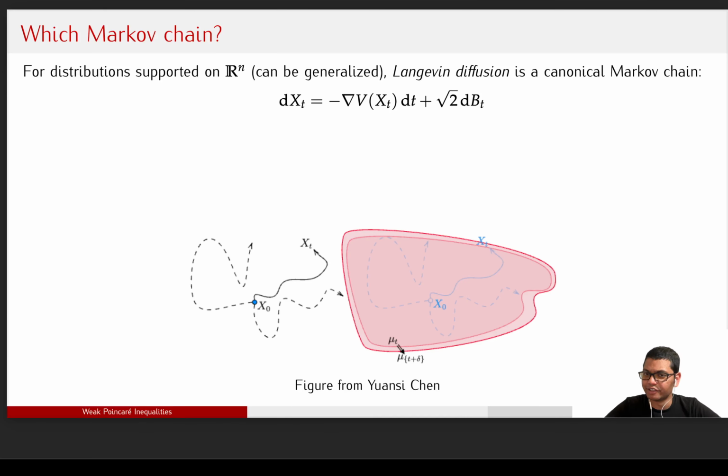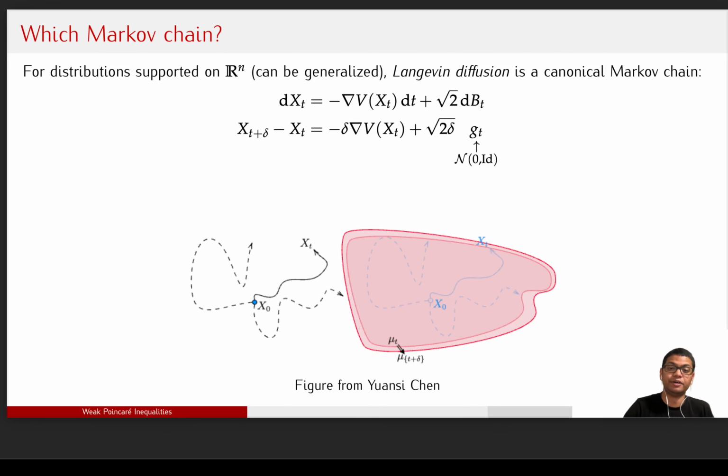So this is a continuous time description, but if you'd prefer, here's a discretized version where at time t plus delta, for a tiny constant delta, you take xt and perturb it by moving a delta amount against the direction of the gradient and adding a Gaussian of variance roughly 2 delta.